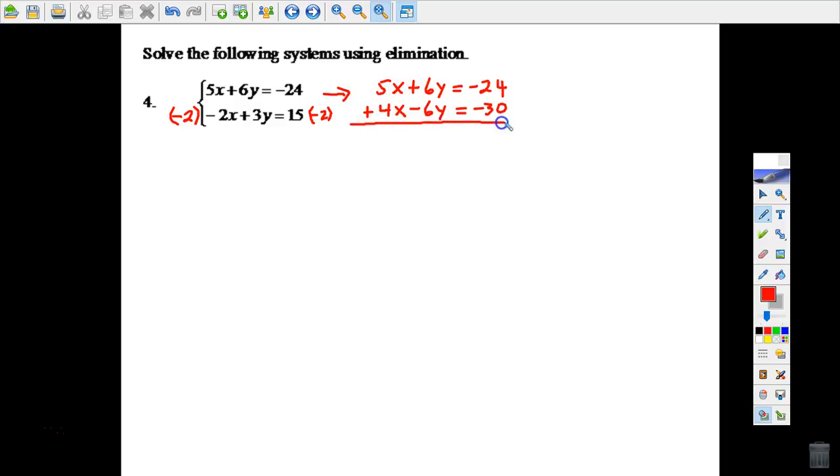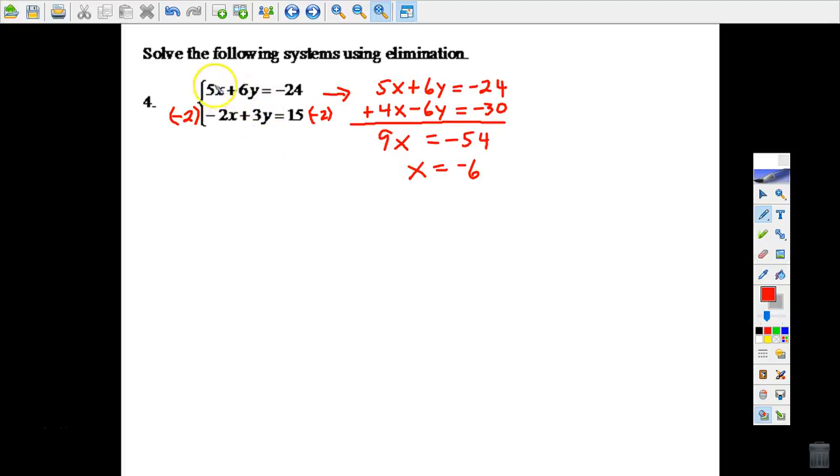Okay, so addition will eliminate y. So 5x plus 4x is 9x, and negative 24 plus negative 30 is negative 54, so x is negative 6. Okay, so once we found x, now we can plug into either one of these in the system and we'll find y.